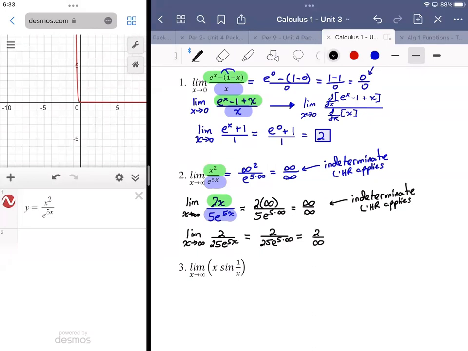Because if we take a constant and divide it by a number that's ever increasing, we're never going to get to infinity, but we're going to approach the value of this ratio as we get closer and closer to infinity, and that value would be 0.